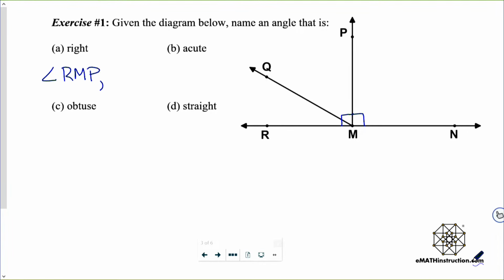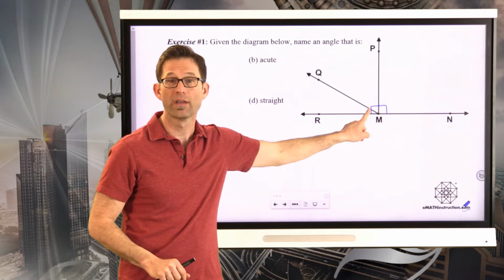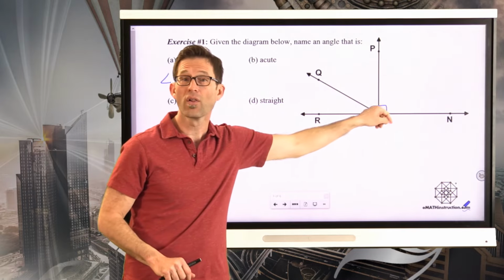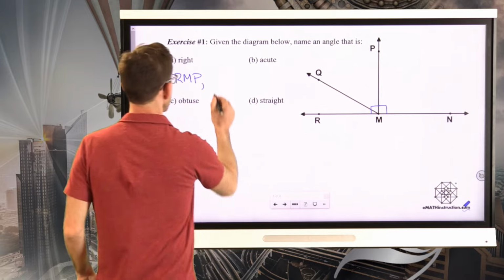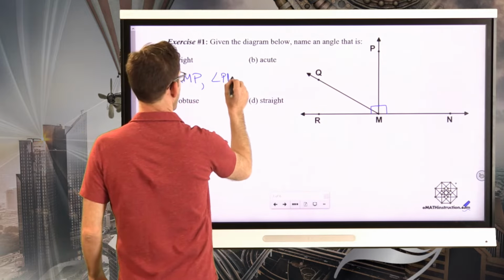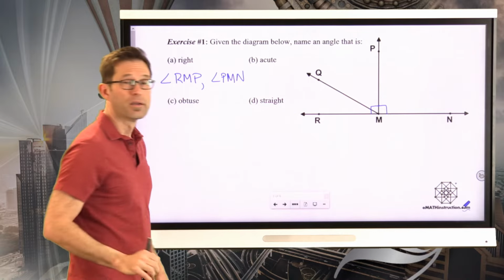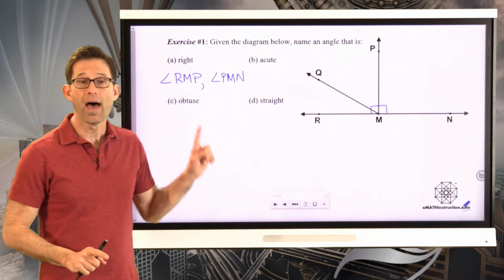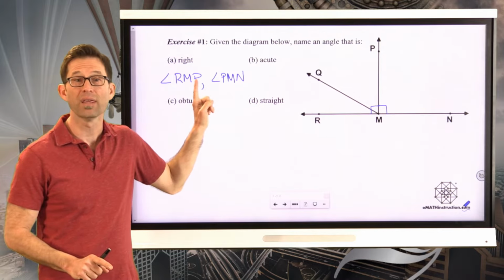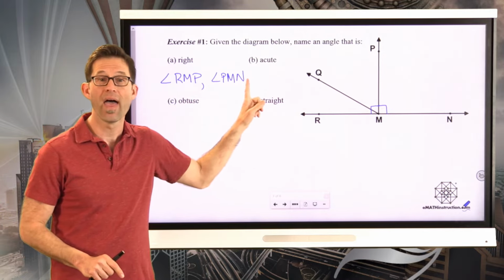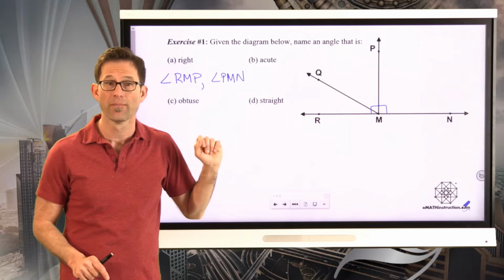That would be this particular right angle over here. Or you could have named the right angle over here, and that would be angle PMN. Keep in mind that the M has to be the second letter, but you could have said angle PMR or angle NMP as well.